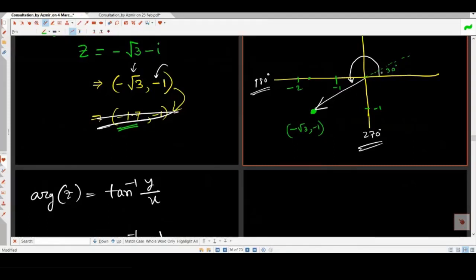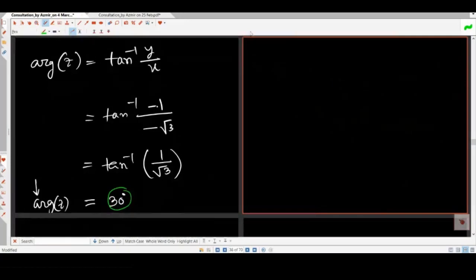So now to have the total argument, you can see that this angle seems to be 180 degree. With this, we have to add 30 degree. So the correction is 30 degree plus 180 degree.